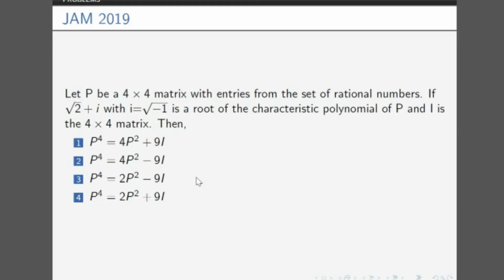If root 2 plus i, where i is the square root of minus 1, is a root of the characteristic polynomial of P, and I is the 4x4 identity matrix, of the same order as P, then which among these will be satisfied? That is the question. I think computing the whole thing will be time consuming. So can someone tell me what idea will be used in solving this question?